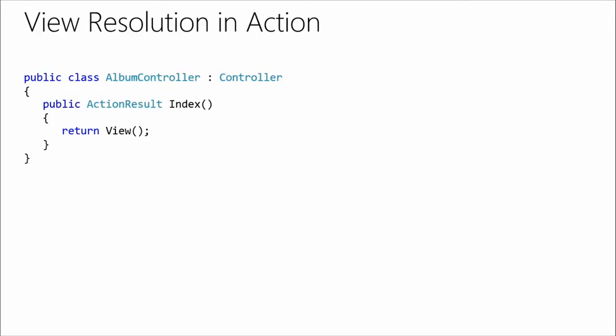And the basic steps that MVC is going to walk through to go find a particular view are as follows. If you take a look at my slide, you'll notice that I've got a basic little controller here, AlbumController, and a very simple little action here called Index that's just going to return back a view. Now, again, it's all about convention. So the two words that are most important up here are Album, because that's the name of our controller, and Index, because that's the name of our action.